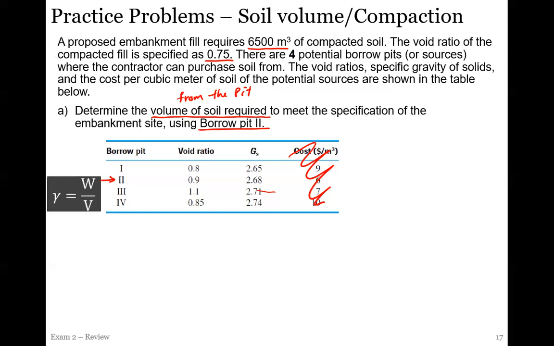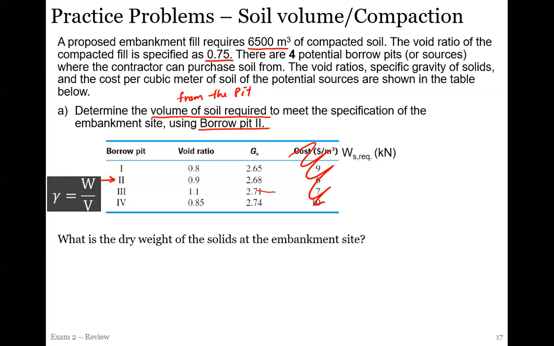So we just need to remember that density is the weight divided by the volume. And what we need to do is determine the dry weight of solids at the embankment site, because the dry weight is what we're purchasing, and that's what we need to get from our site.